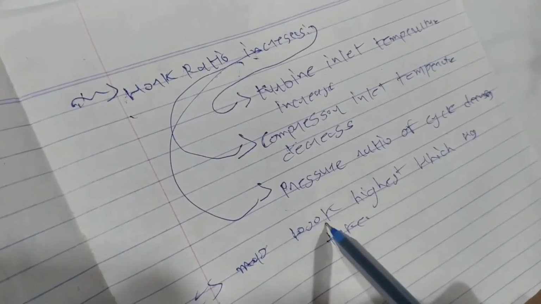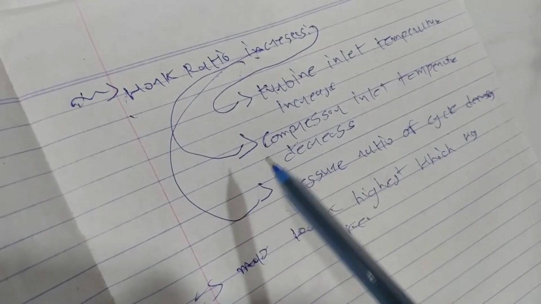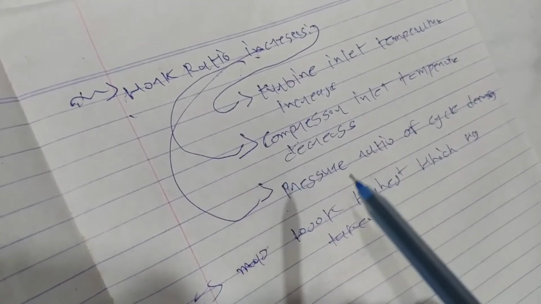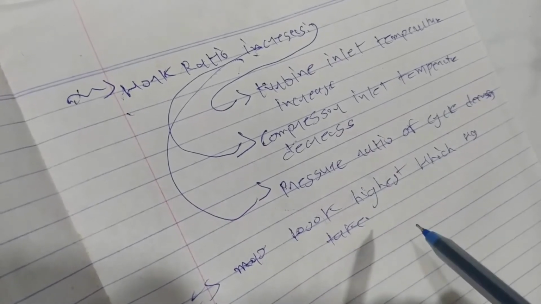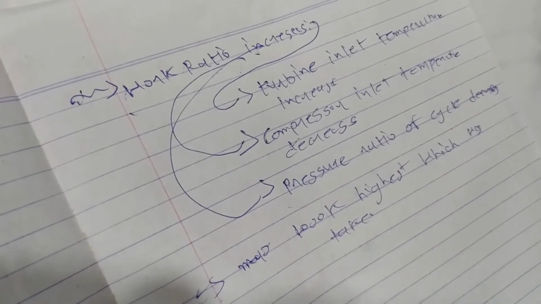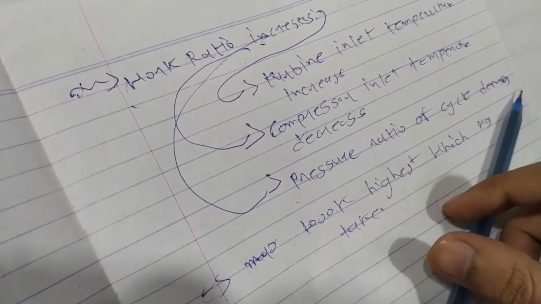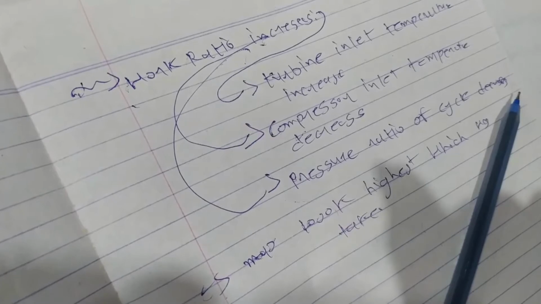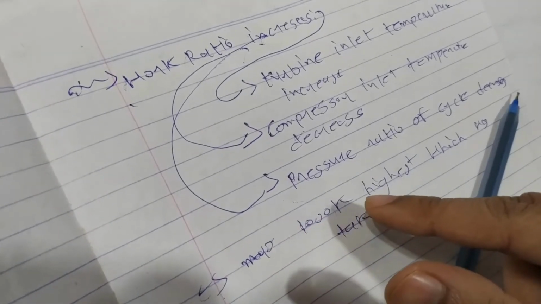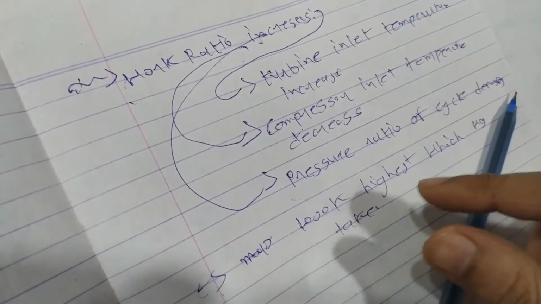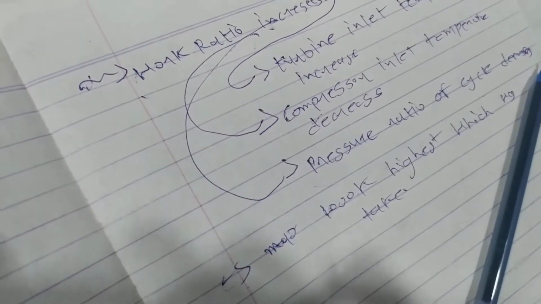So we never took more than 1000 Kelvin as inlet temperature, and there are lots of metallurgical reasons behind this, because material might not be able to take that much temperature, so we don't take more than 1000 Kelvin as an inlet temperature.